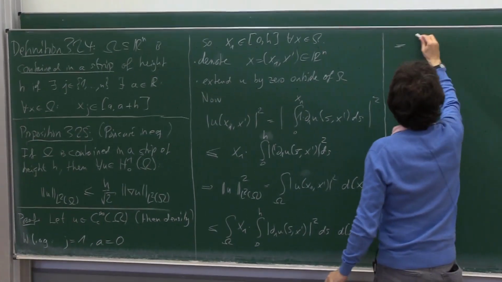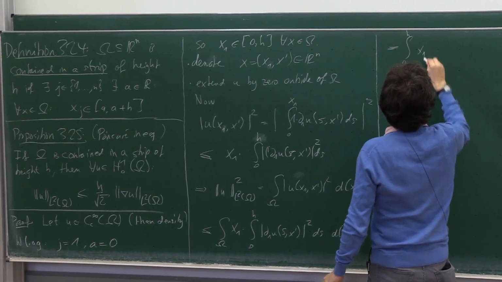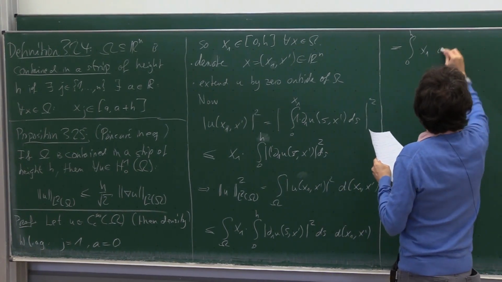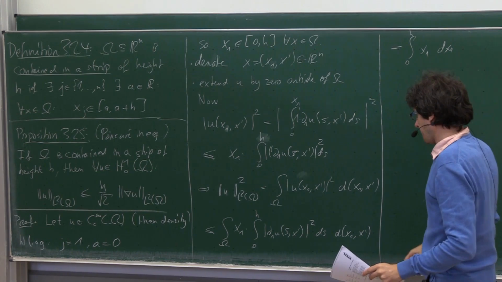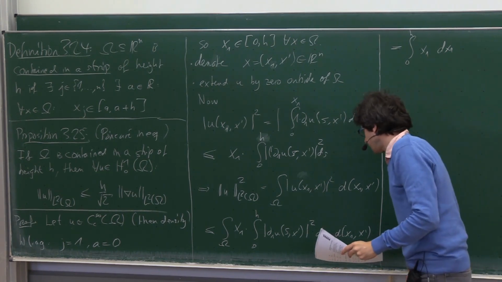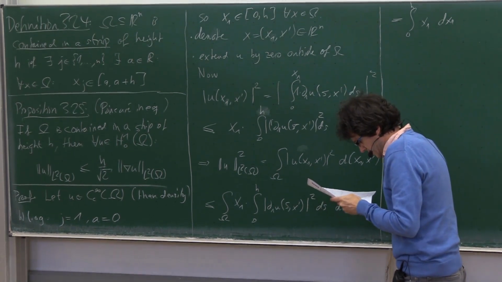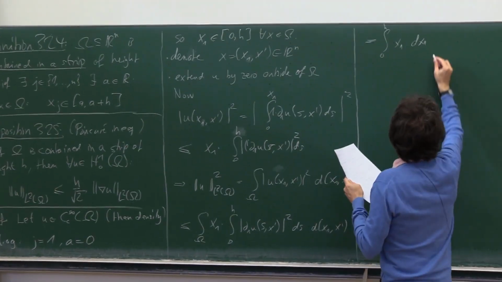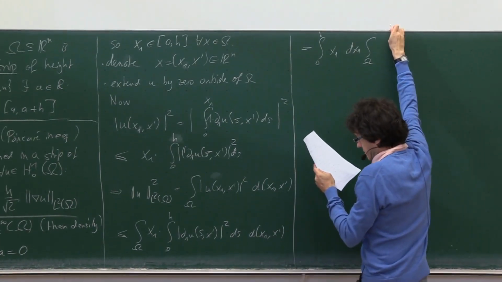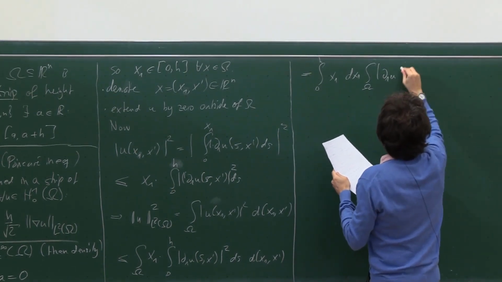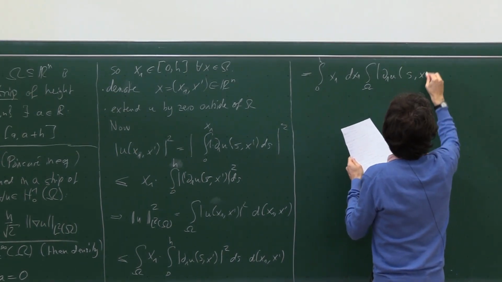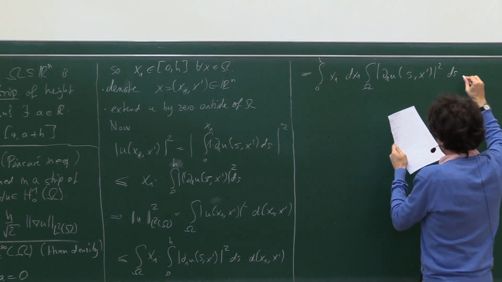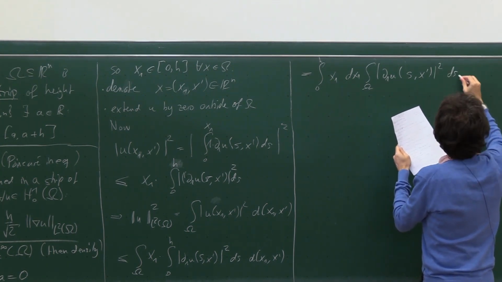This gives you an integral from 0 to h over x1 dx1, and then you are left with an integral over omega of the modulus of d1u of s, x prime, squared, dx ds dx prime.